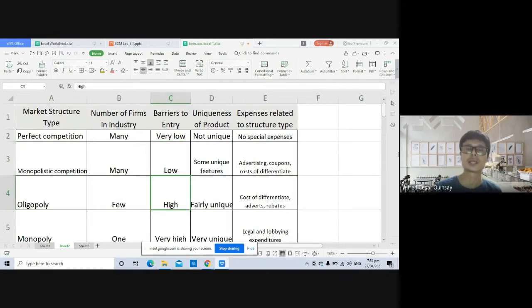That's why the barriers to entry are high. Also, there are legal matters and connections, so it's not that easy. So there are just but a few players.